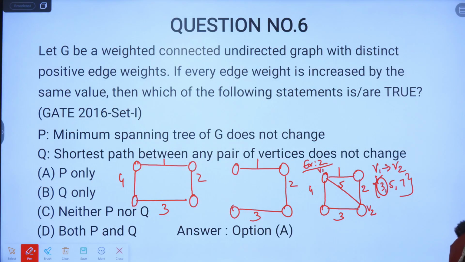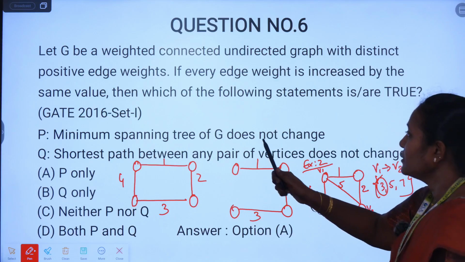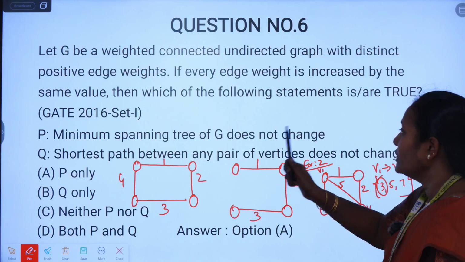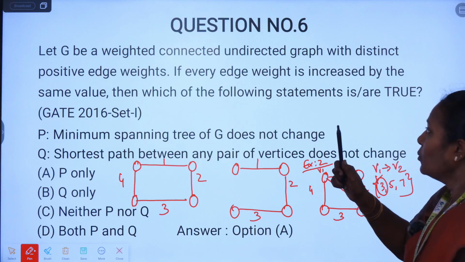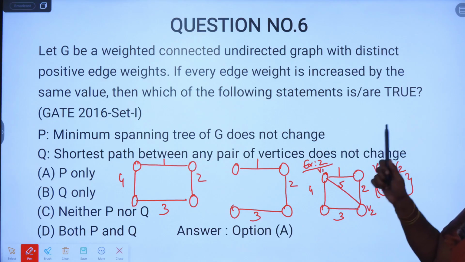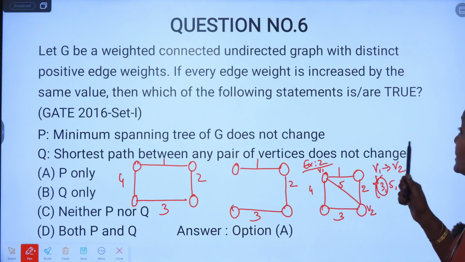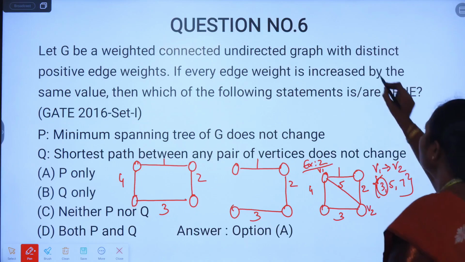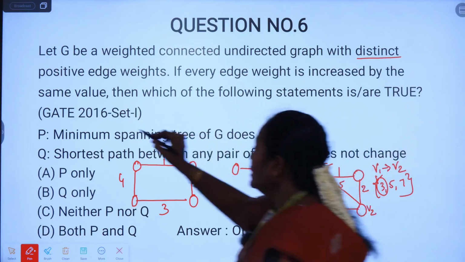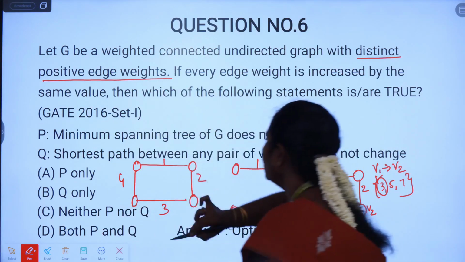Next we are going to see question number 6, which comes in the GATE 2016 set 1 question paper. Here, let G be a weighted connected undirected graph with distinct positive edge weights. Here also in this problem we are going to consider distinct positive edge weights.